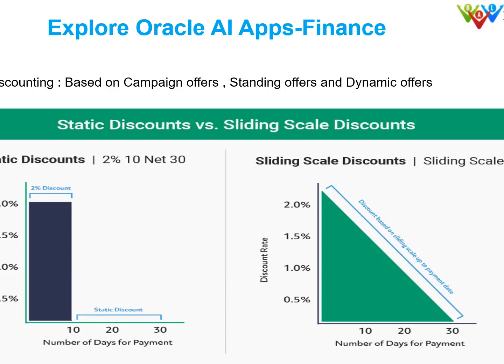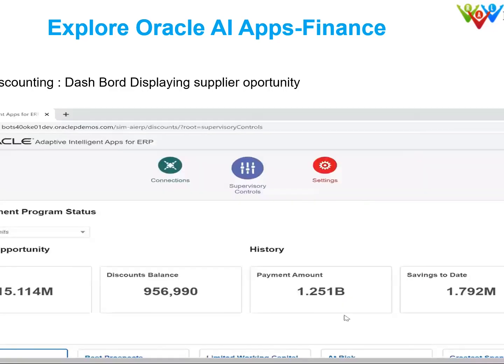Once you enable this, this is the screen of your ERP application's adaptive AI intelligence. You see the early payment program status. If you have enabled this feature in your Oracle Cloud application and integrated it with your adaptive intelligence application, you get these intuitive dashboards.